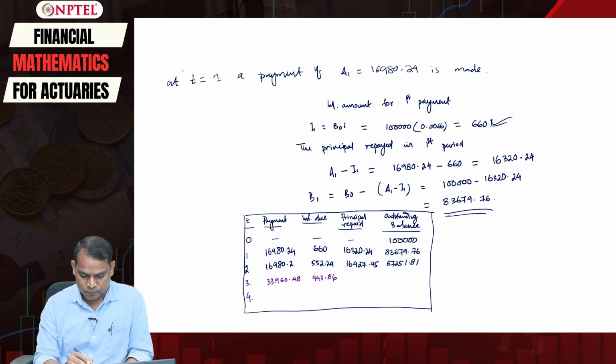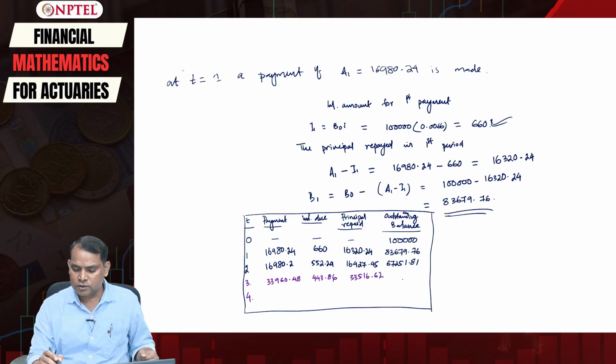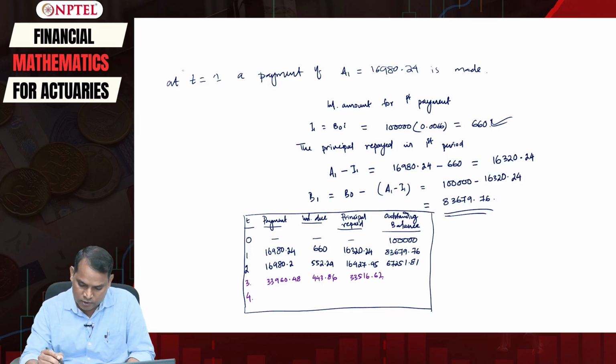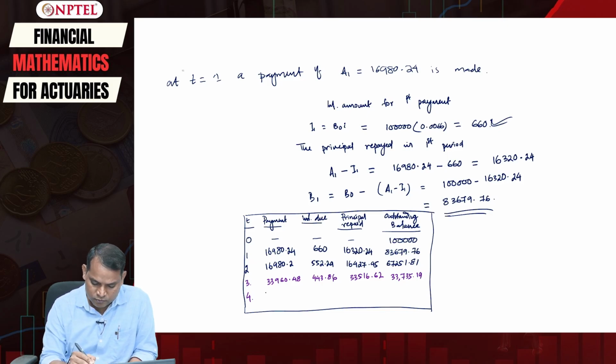From now this minus this one will give us 33,516.62, and then the loan outstanding balance, therefore this minus this one, will become 33,735.19. And the same amount will be paid in the fourth installment also, so I will write the same amount here.